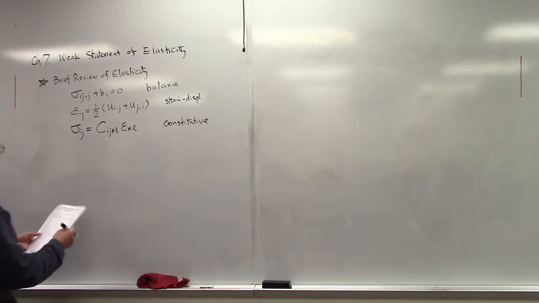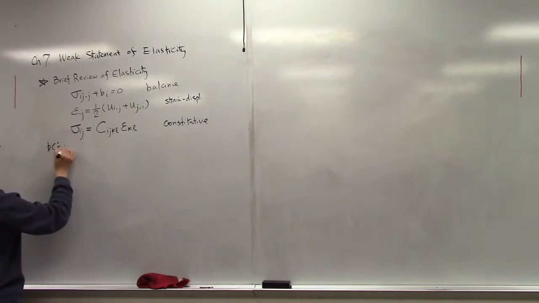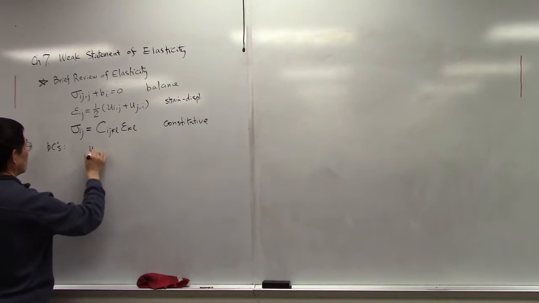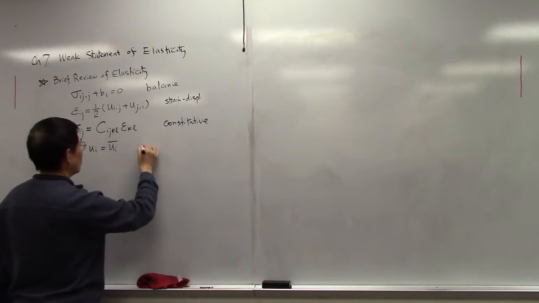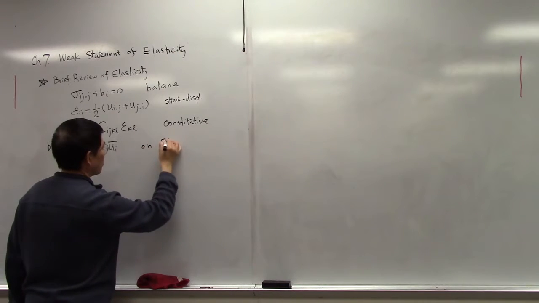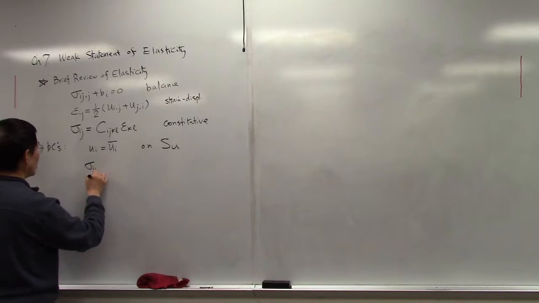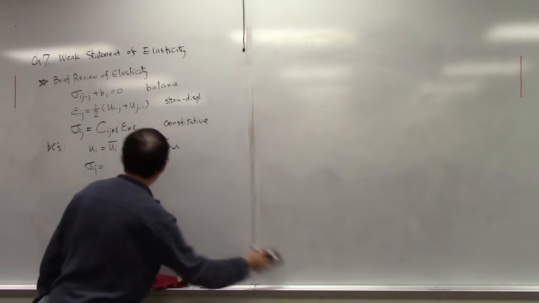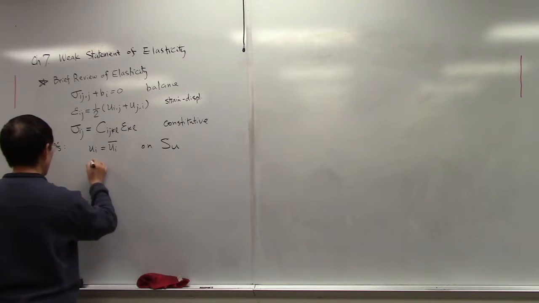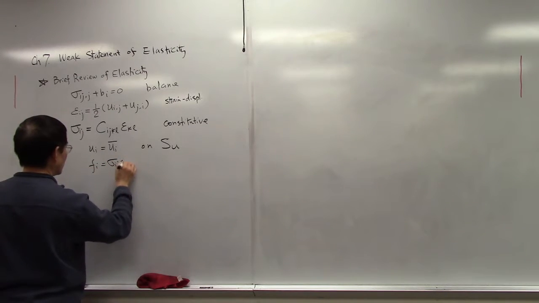Okay? And then the boundary conditions, we have ui equals ui bar. That's on the displacement boundary condition. We call it S sub u. And then fi is equal to sigma ij nj.